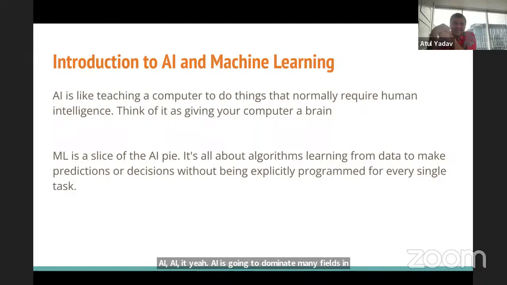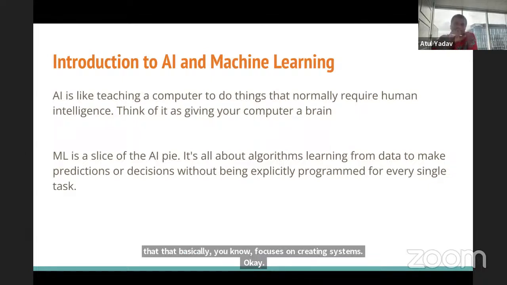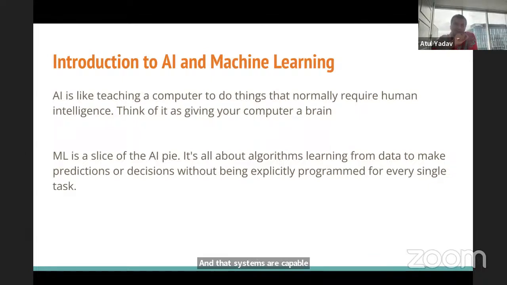So if you want to understand as a beginner, what I think AI is: AI is a branch of computer science that basically focuses on creating systems that are capable of performing tasks that typically require human intelligence.